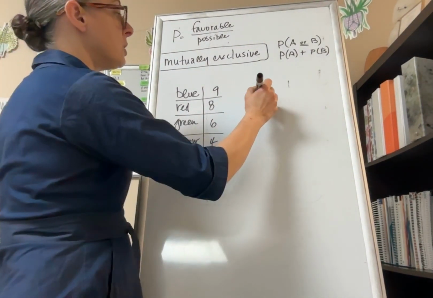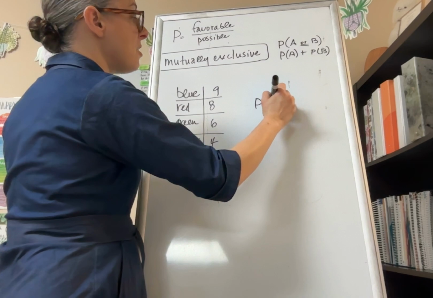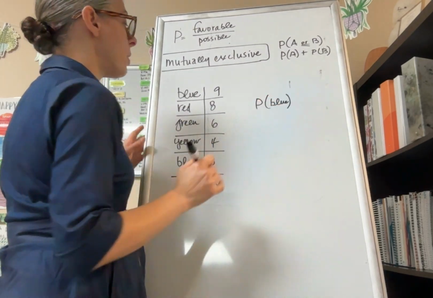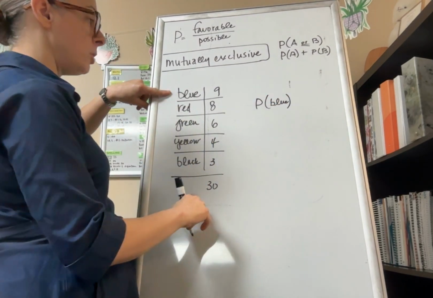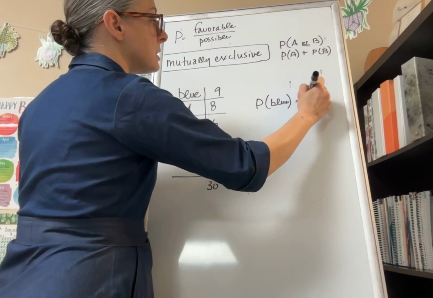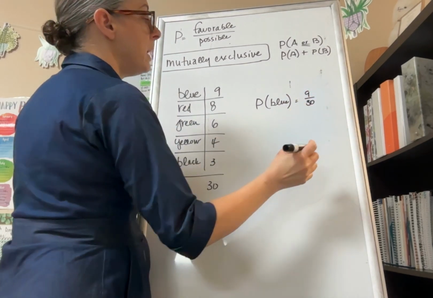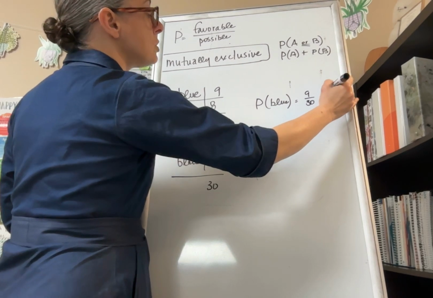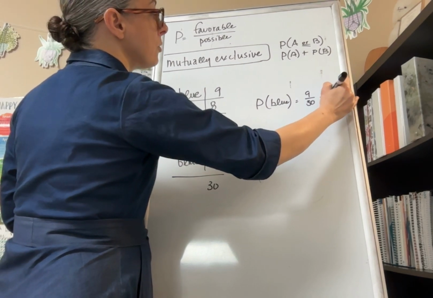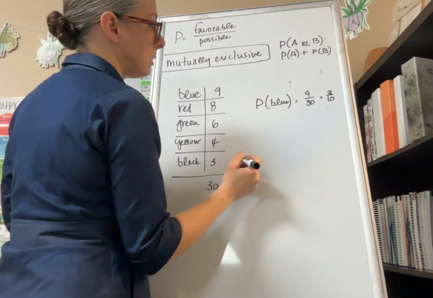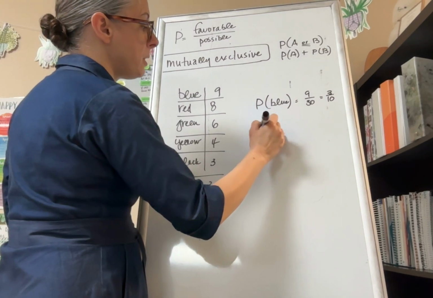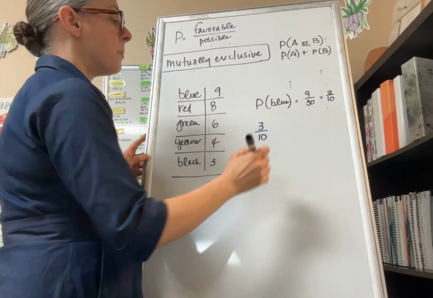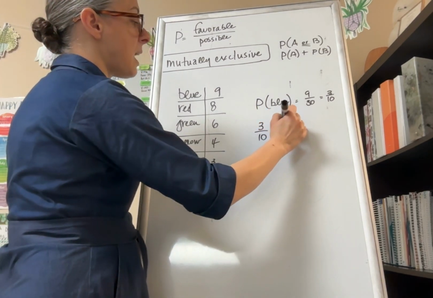So this is what we're going to do. The probability of blue, let's find out what that is. There's 9 blue out of 30, right? So we're going to say 9 over 30. If we reduce that to lowest terms, that'll reduce down to 3 over 10, okay? So our probability is 3 over 10, but we're going to draw 50 times.